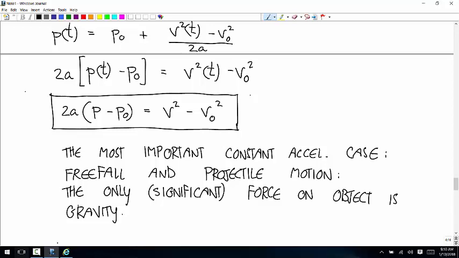So Galileo was the first person who did experiments to show that the motion of objects in free fall did not depend on their mass. Before that, people had thought that if you dropped a heavier thing and a lighter thing, the heavier thing fell faster.